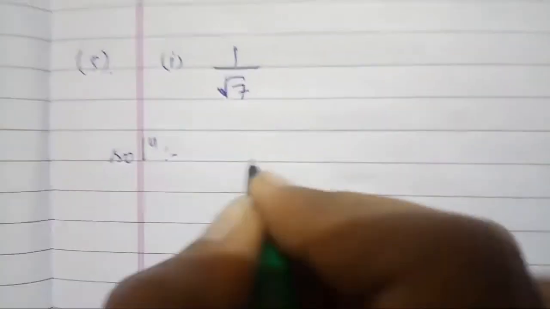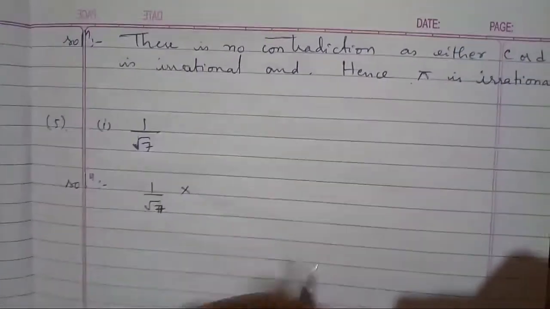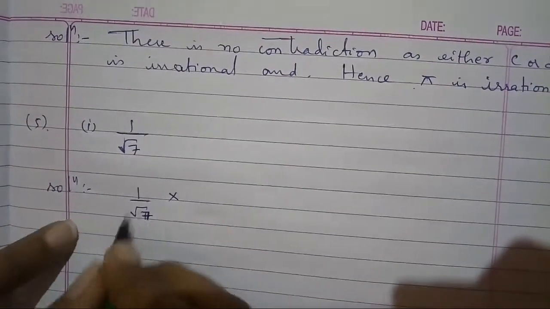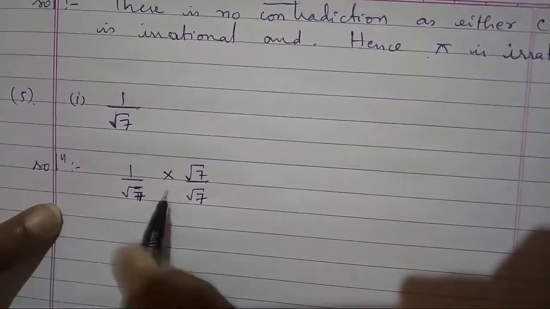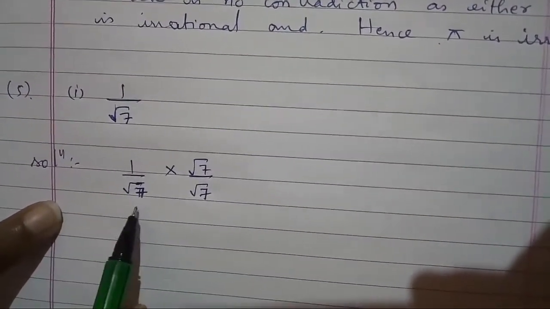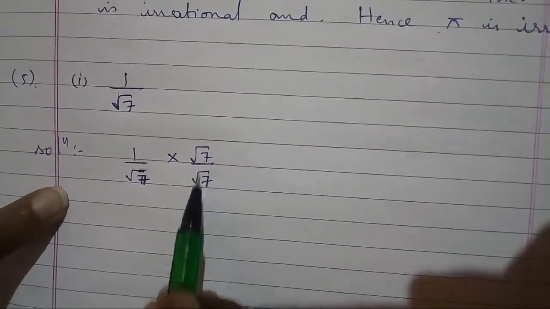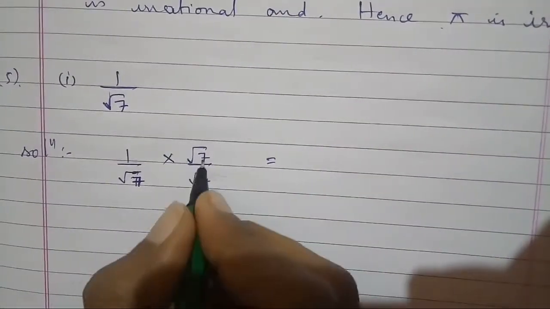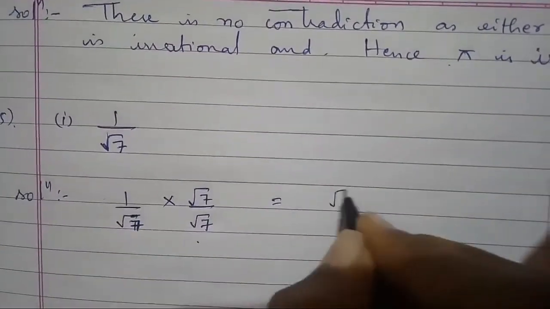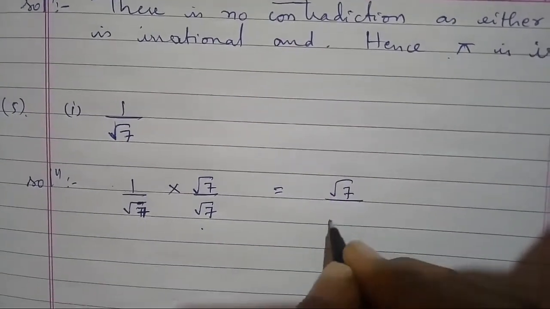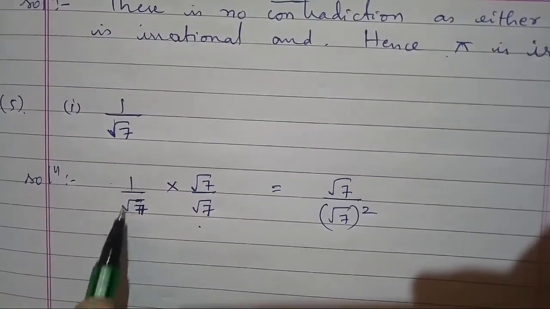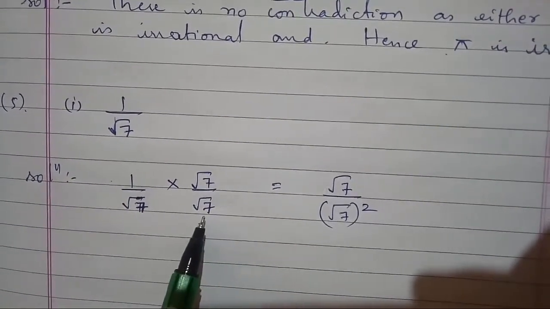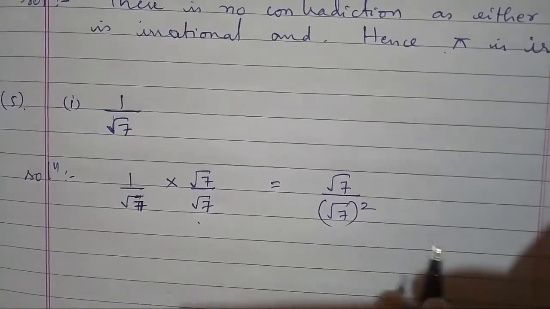Solution, 1 by root 7. We need to rationalize the denominator, means multiply both numerator and denominator by the denominator value. So 1 by root 7 is equal to, multiply root 7 into 1 is root 7. Here root 7 into root 7 is root 7 whole square. Because here also the same number is there, we can write root 7 whole square.